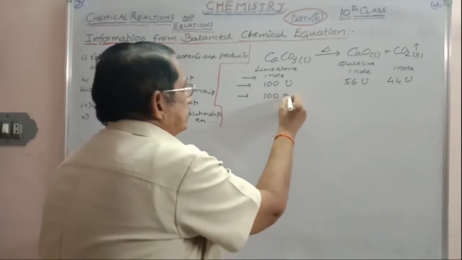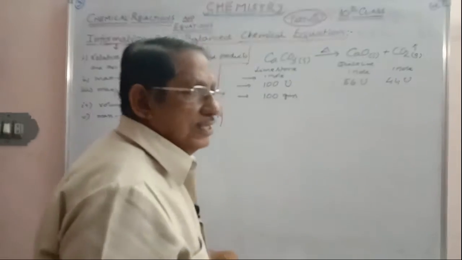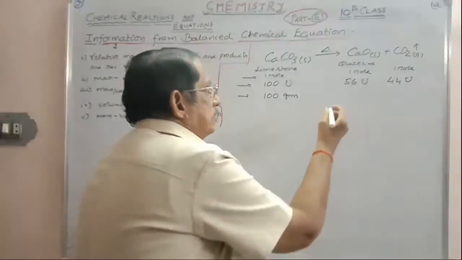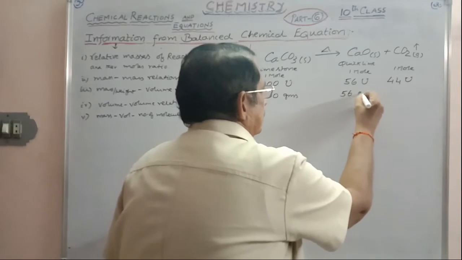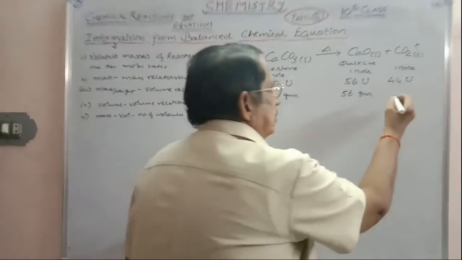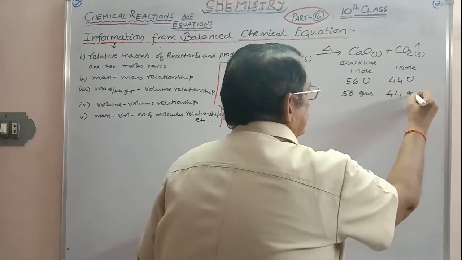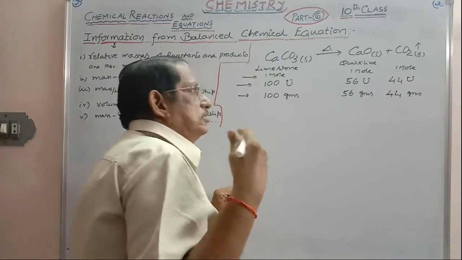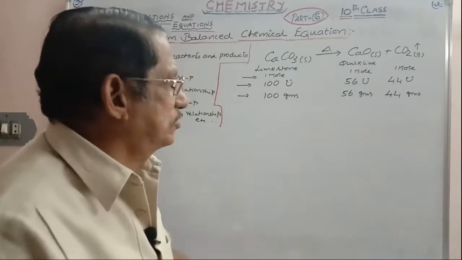100 grams of CaCO3, when heated, gives 56 grams of CaO and 44 grams of CO2. You can write it as G also.